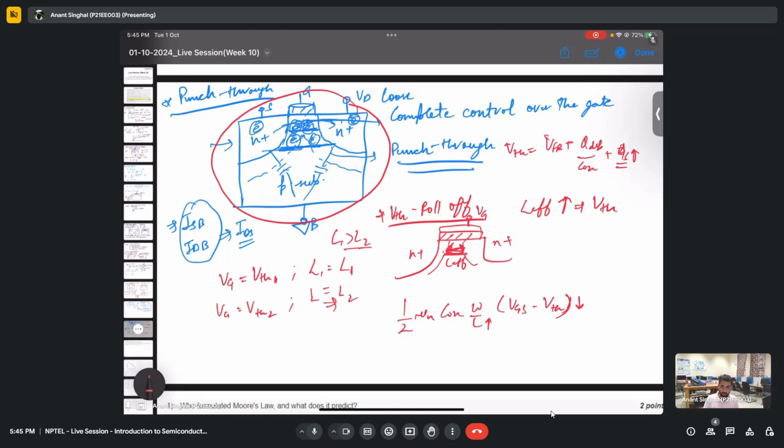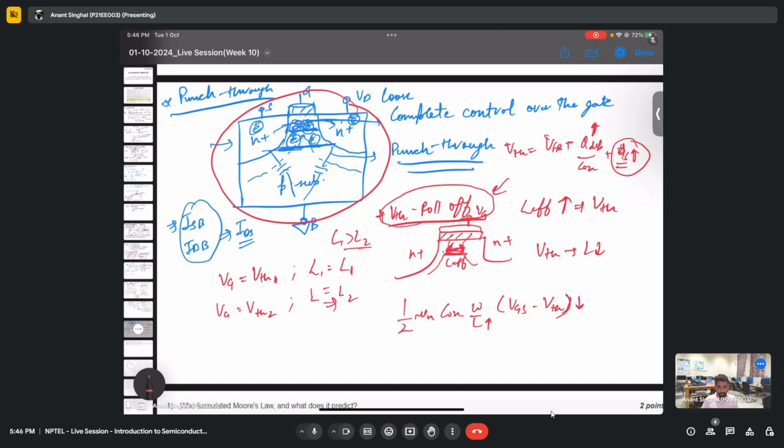This phenomenon is now called VTH roll-off. These are some of the prominent short channel effects that are very prominent in some devices. If you have ever heard about the technology, do you know what is the latest technology that is right now coming into your phones? Let's say you have certain phones with you. Do you know what kind of technology we are using currently?